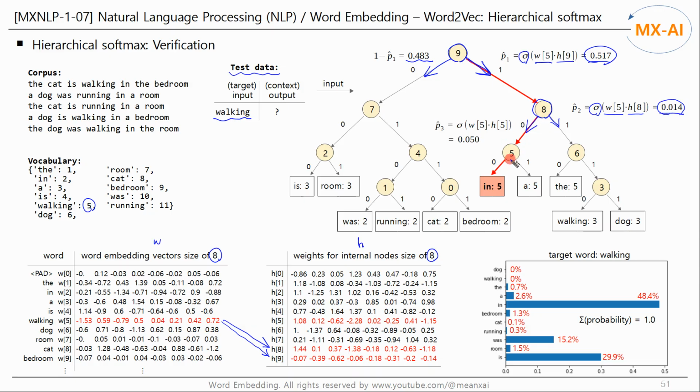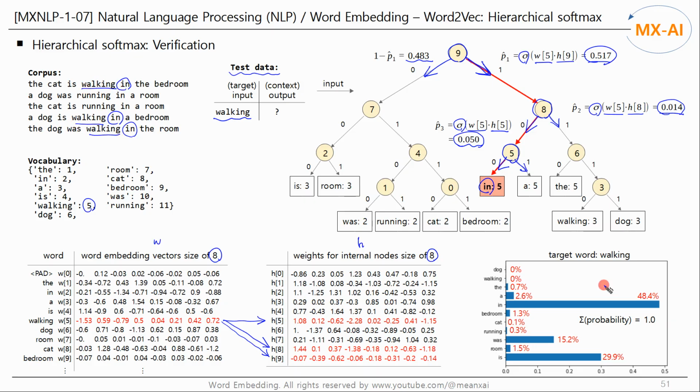Finally, since this node ID is 5, we calculate the dot product of W5 and H5, and compute the probability of moving to the right, which is 0.05. This is also less than 0.5, so we move to the left. Then the word in will be output. This is because the word in appears frequently around the word walking in the corpus.